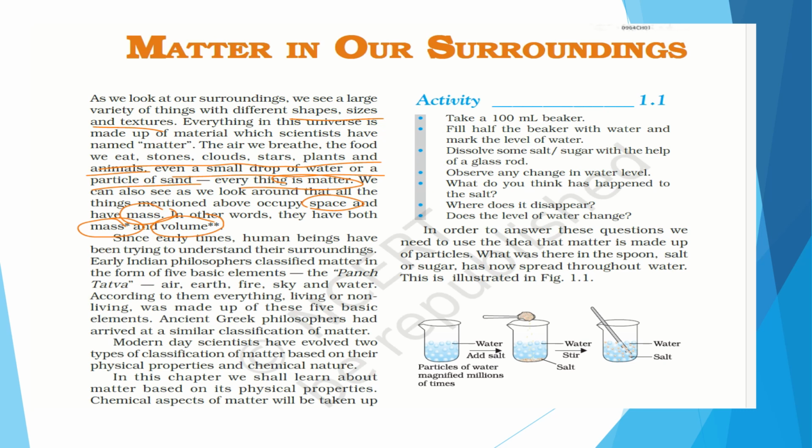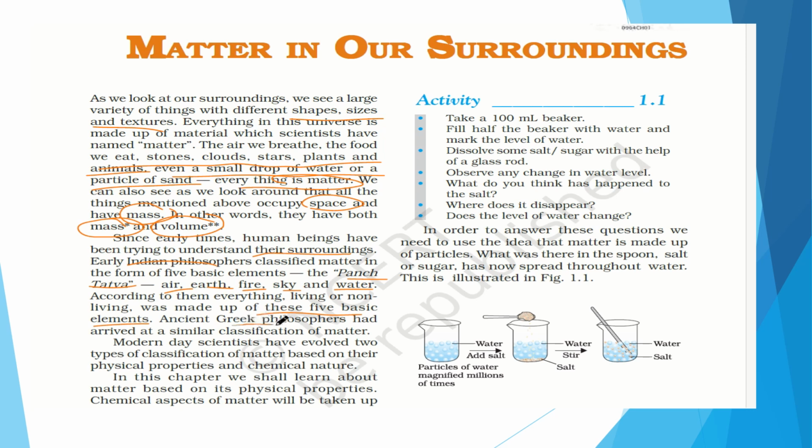Now, since early times, human beings have been trying to understand their surroundings. The Indian philosophers said that everything is made up of the Pancha Tattva. What is this Pancha Tattva? That is air, earth, fire, sky and water. According to them, living or non-living, whatever exists is made up of these 5 basic elements.